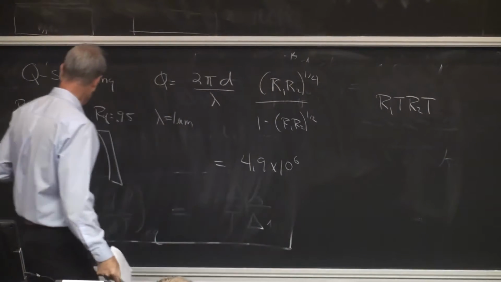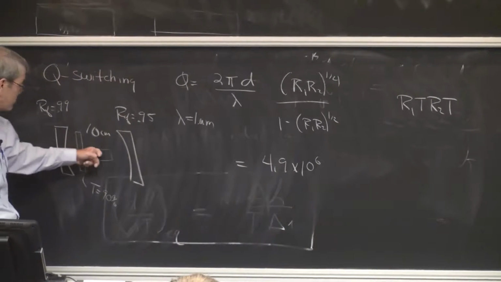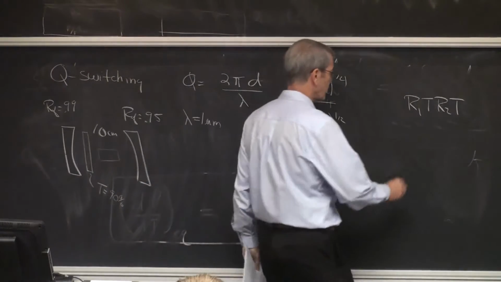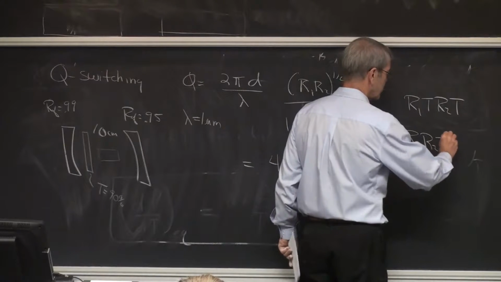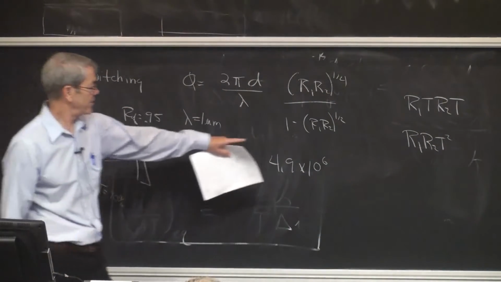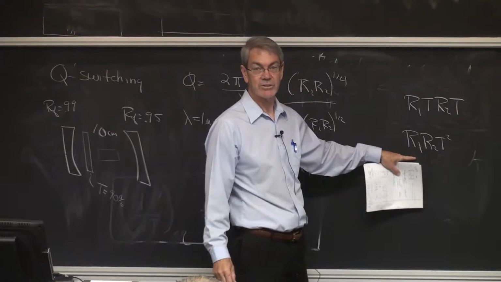So I'm going to reflect, transmit, and get back to where I'm at. So this is actually going to be an R1, R2, T squared kind of thing. And if I replace this pair by that, I'll get the right answer.